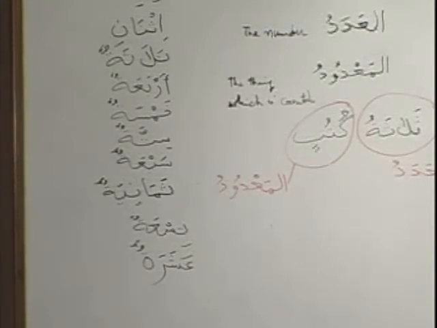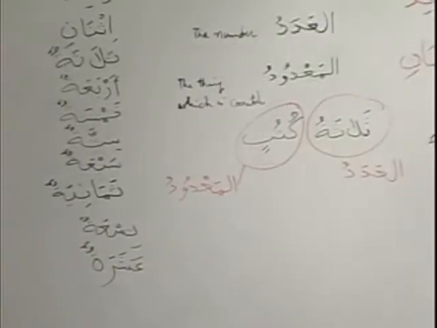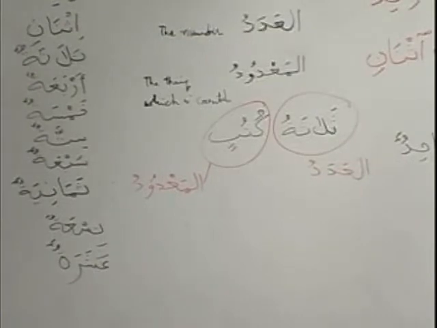If I write it separately, I write salasatun. But if I make it a mudaf, then it is salasatu. I'm doing this to make it as simple as possible, inshallah. Okay?